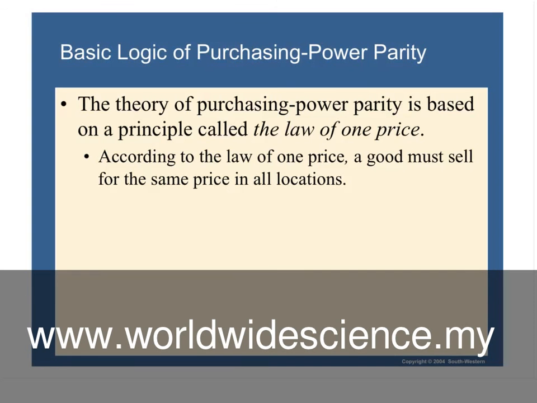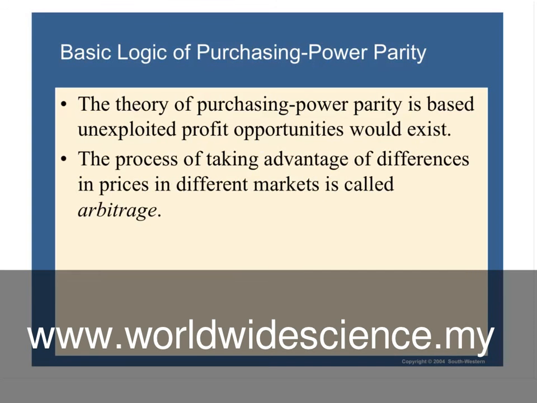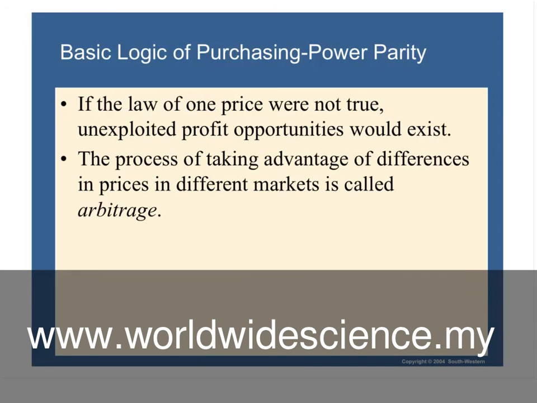If the law of one price were not true, unexploited profit opportunities would exist. The process of taking advantage of differences in prices in different markets is called arbitrage. So arbitrage happens when people use those opportunities of price advantages.